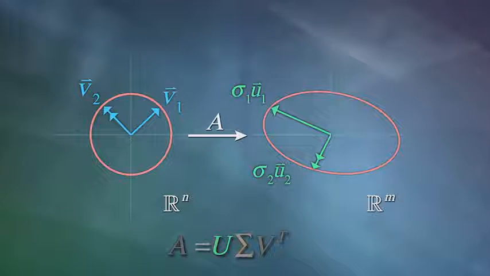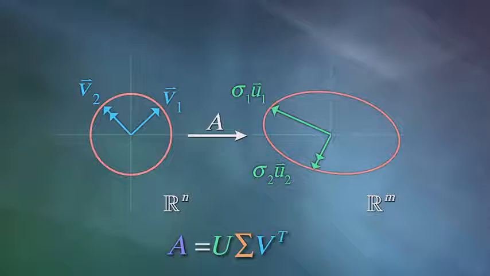Their lengths are the singular values. For instance, the vector along the semi-major axis of the ellipse will be sigma 1, the largest singular value, times u1, the first left singular vector. Similarly, the vector along the semi-minor axis of this ellipse will be sigma 2 times the unit vector u2.